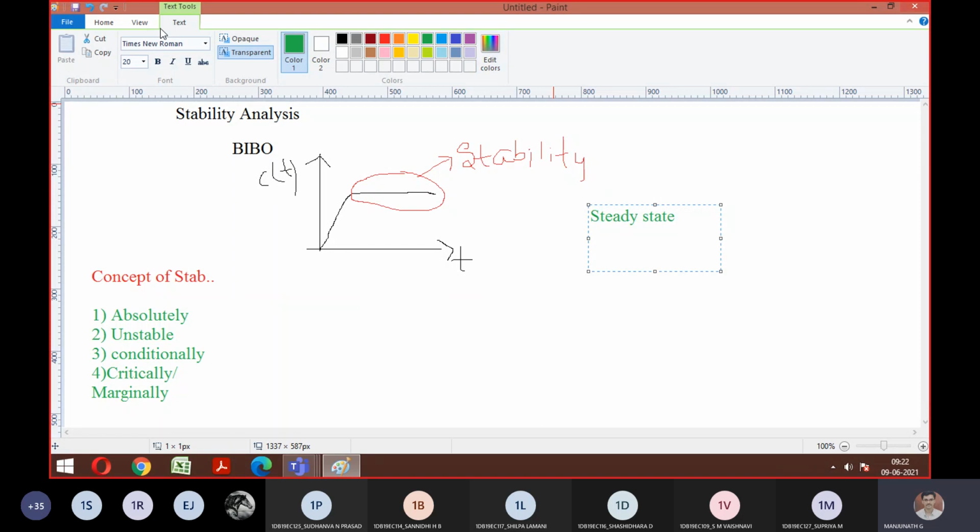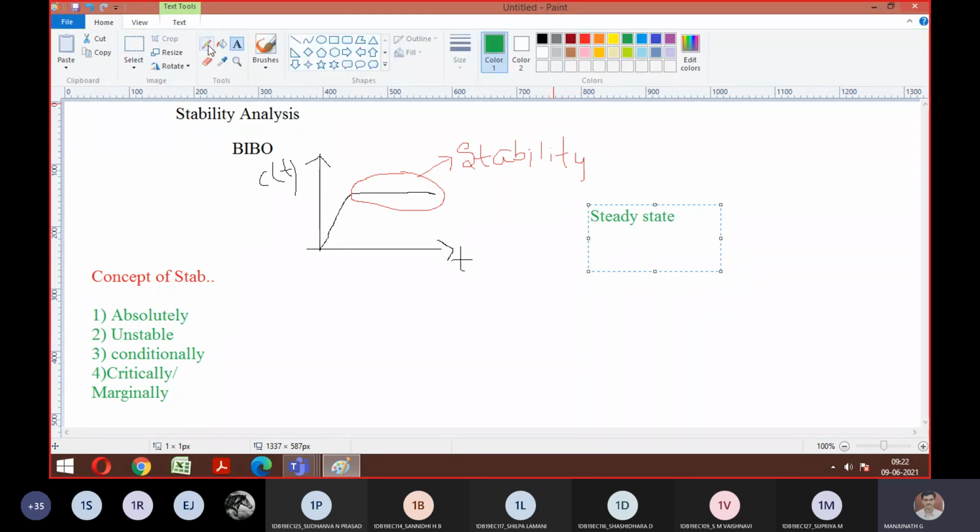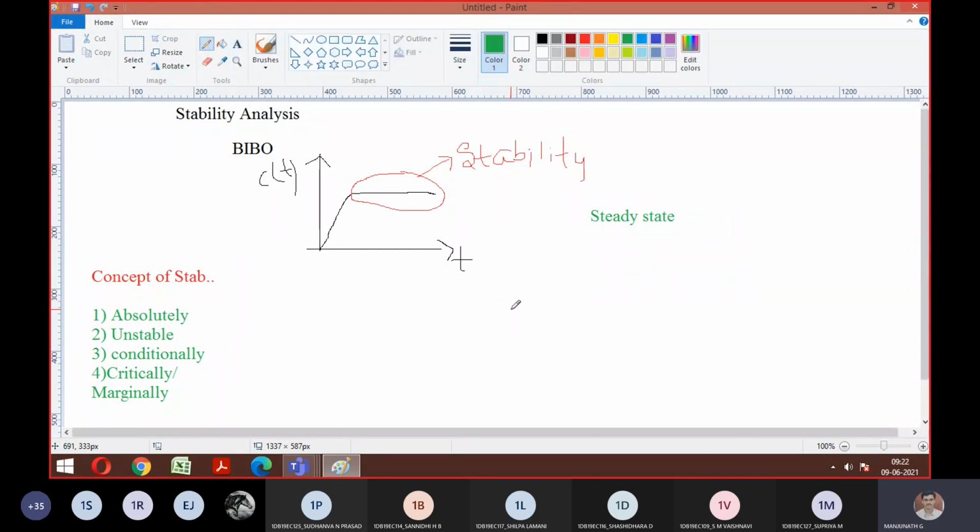State means, we are discussing with respect to your system, correct? I hope everyone got a clear idea of the difference between signals and systems and control systems. If I take this as a system, for this I give an input and I get the output. There will be a response inside this system.